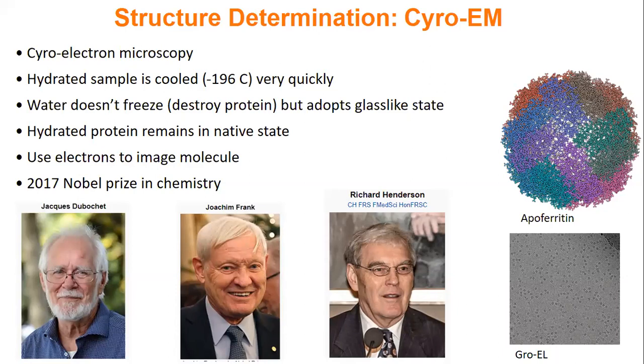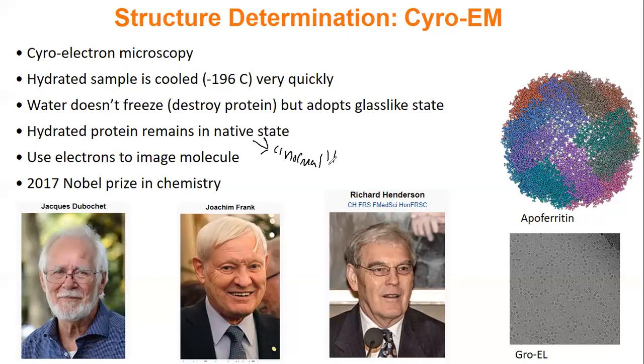When water rearranges, it will destroy protein in the process. Freezing it this fast doesn't. And so the protein remains in its normal conformation or native state, right? Anytime you see native state, that basically means normal state. This is a state that we see inside the cell, your native conformation.